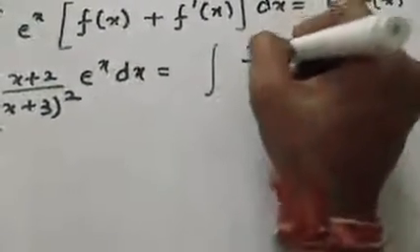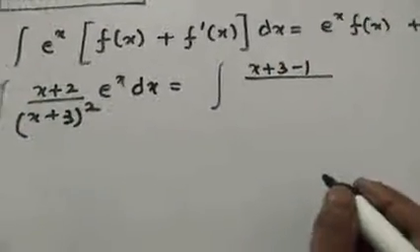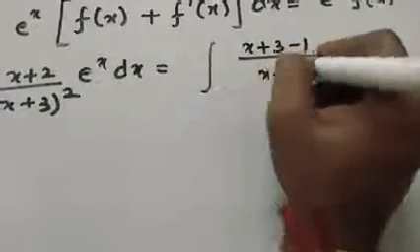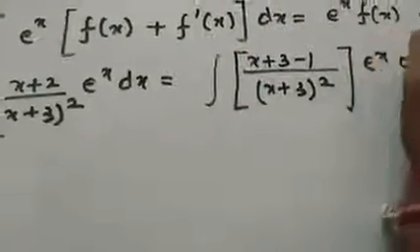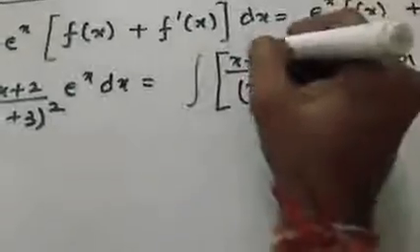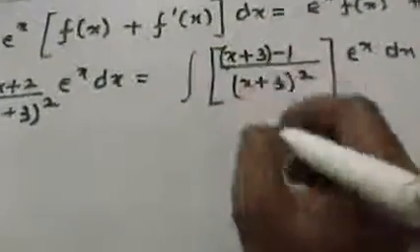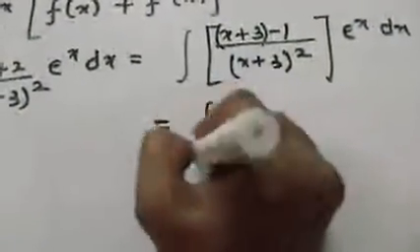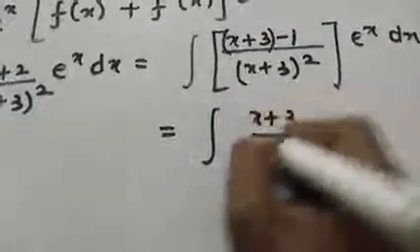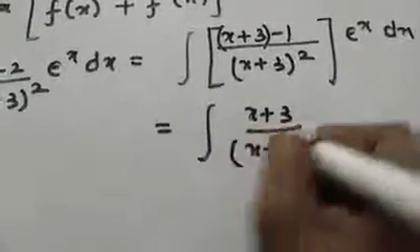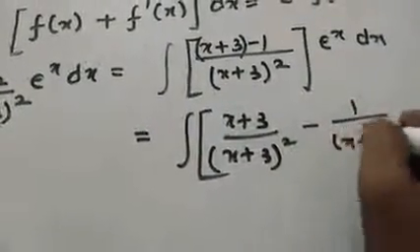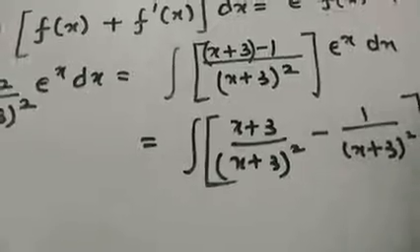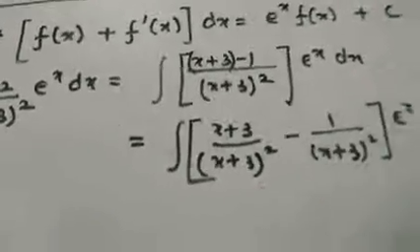Very simple, x plus 2 can be written as (x+3) minus 1, and the denominator (x+3) whole square, e to the power x dx. Now let us separate them: (x+3) divided by (x+3) whole square minus 1 by (x+3) whole square, e to the power x dx.